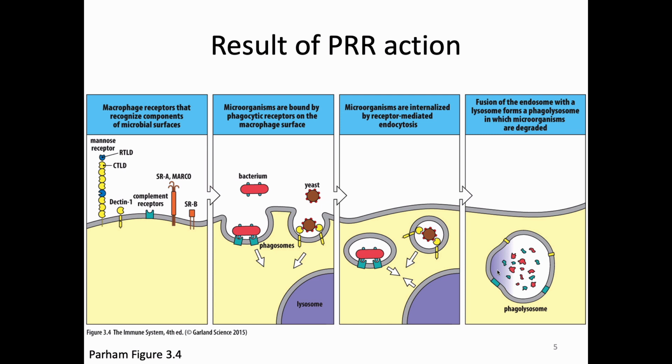And so phagocytosis is one part of this, but there's also another important part. Note that what I'm talking about here and in the next slide are examples of things that go on with macrophages.